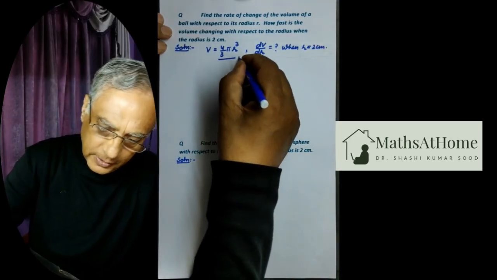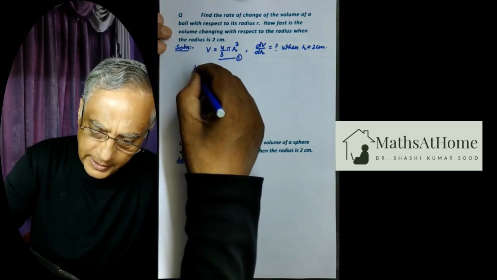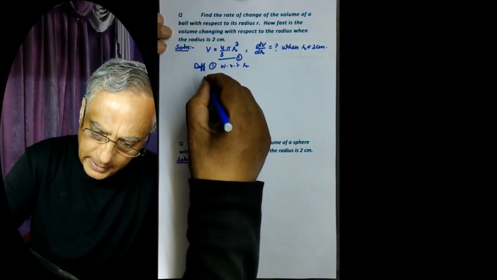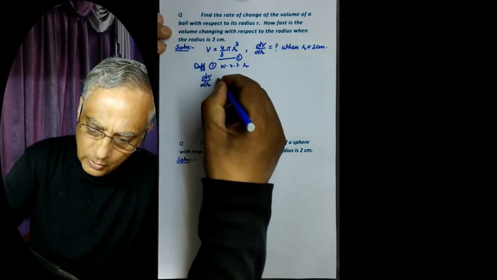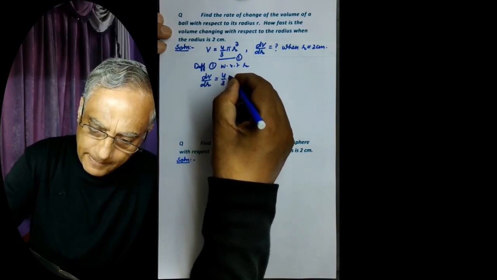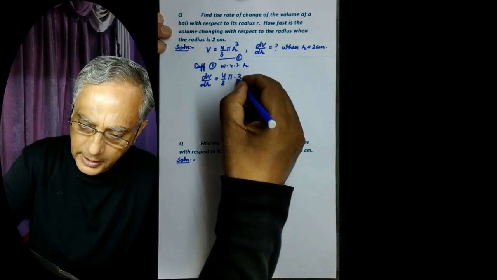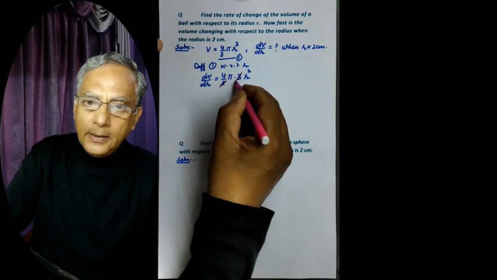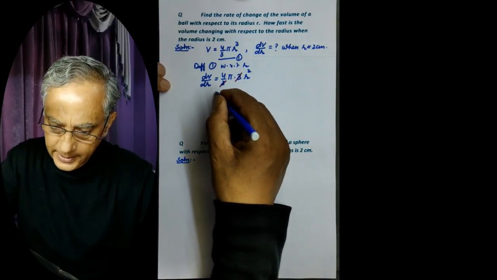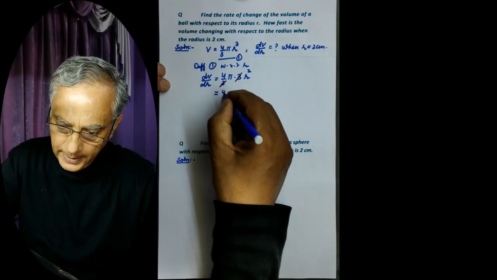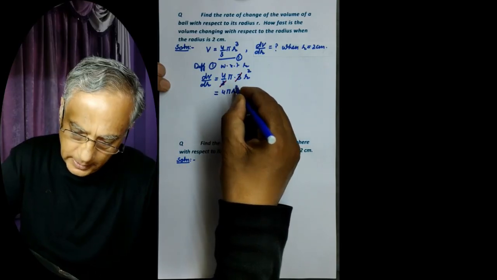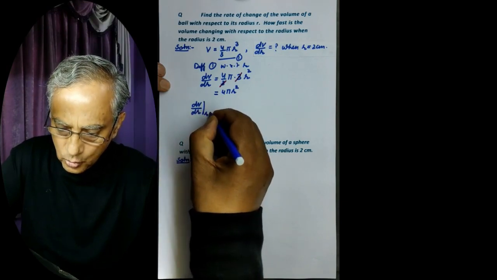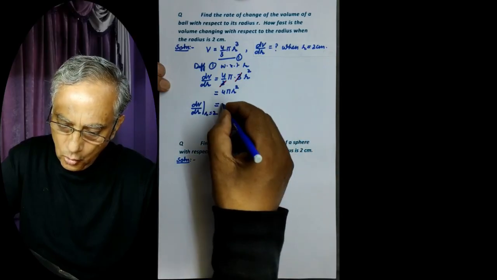Differentiating with respect to r, we get dV by dr is equal to 4 by 3 pi into the derivative of r cube, which is 3r square. The 3 cancels and we get 4 pi r square.